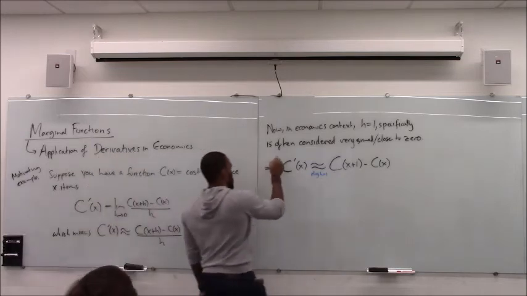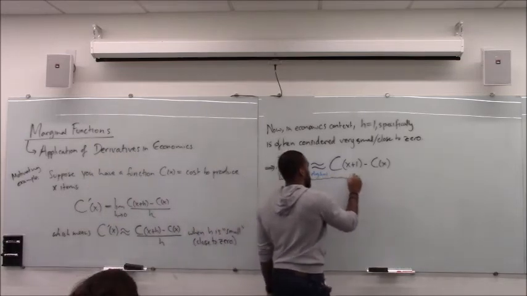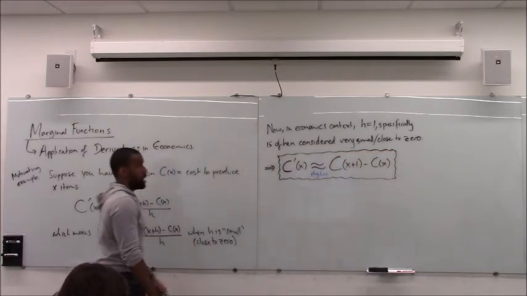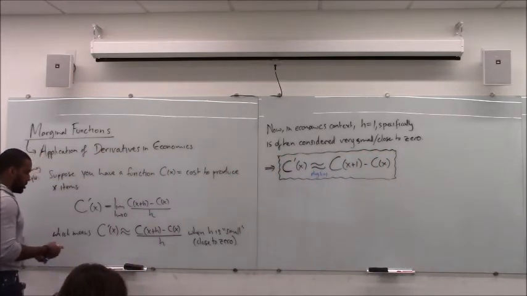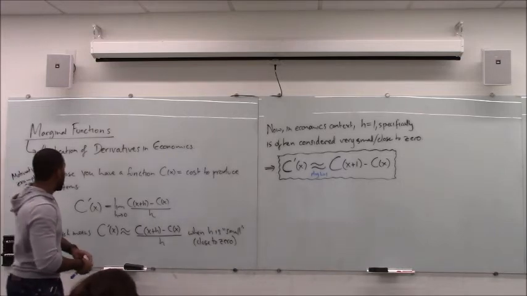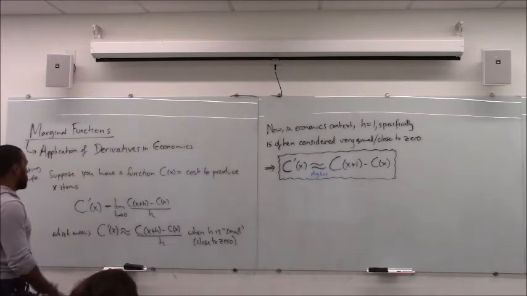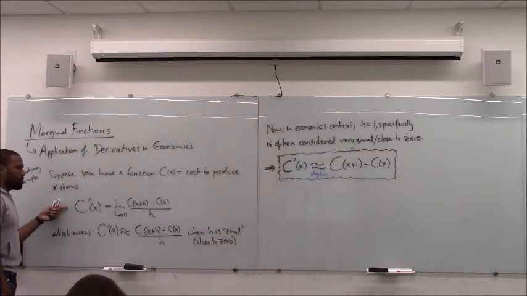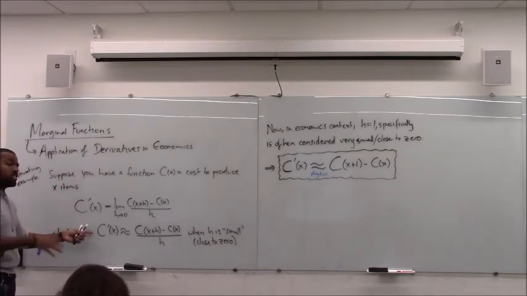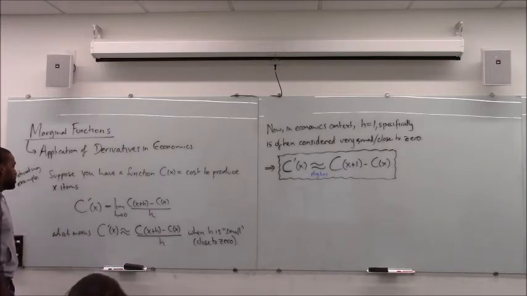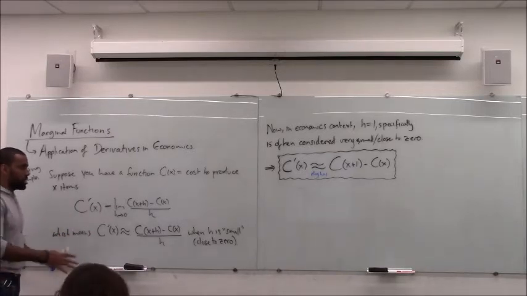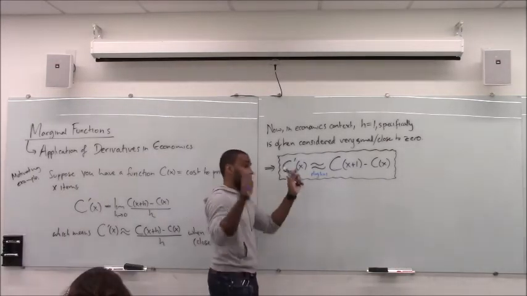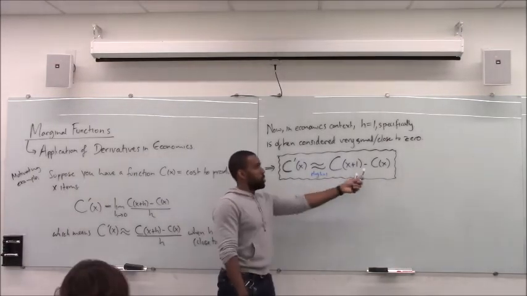This is the main equation that sparked marginal analysis, as it's called, the analysis of marginal functions. I'll tell you what a marginal function is pretty soon, but we're building up to it. You have a function that measures cost. The derivative by definition is this, which means the closer h is to 0, the closer the left side and right side get. If I think of h equals 1 as close to 0, I get this equation.